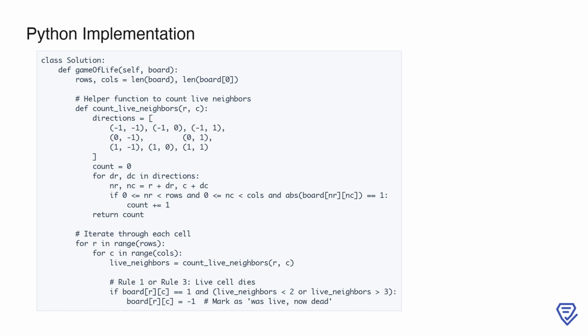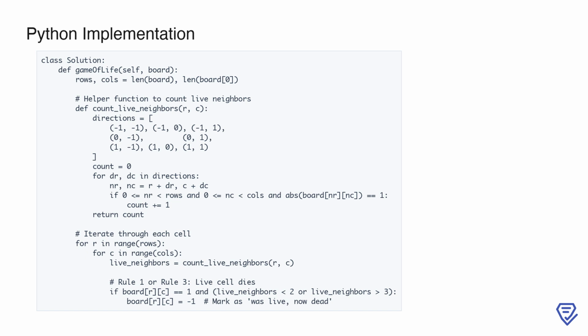This function uses a list of directions that represent all 8 possible neighbors around a cell. By iterating through these directions, we calculate the row and column indices of each neighbor and ensure they are within bounds of the board. If a neighboring cell is alive, which is indicated by its value being 1 or -1, we'll discuss the significance of -1 shortly, we increment the count.